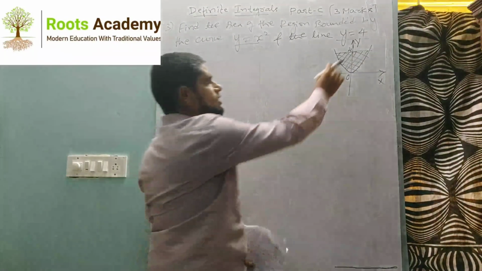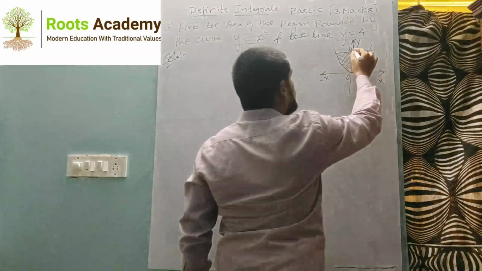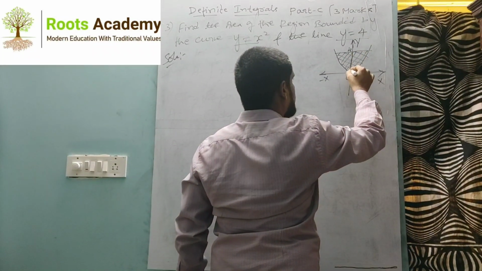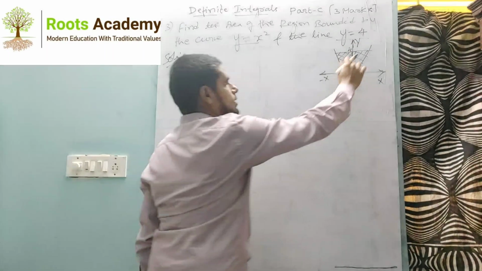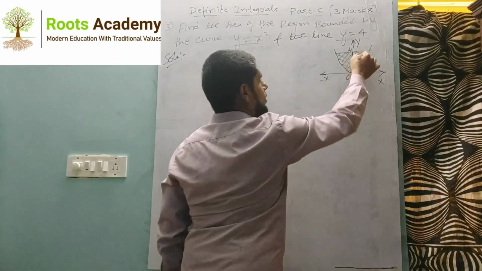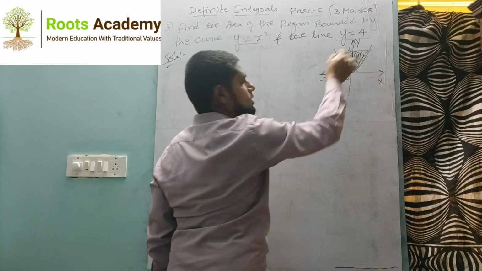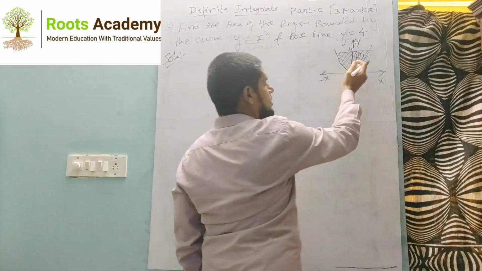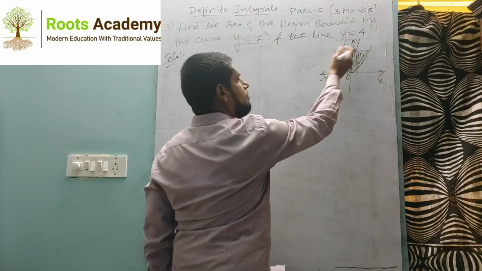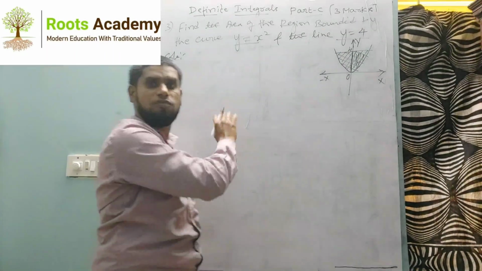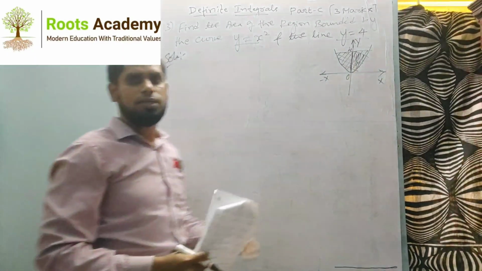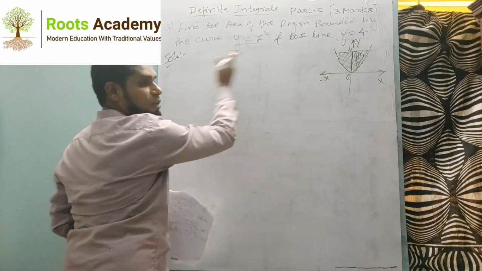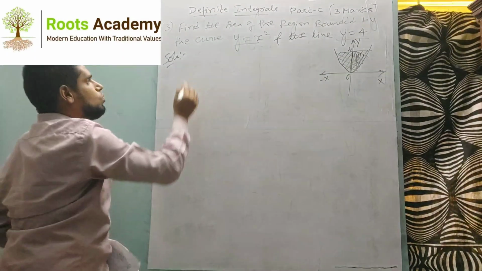So in this region, there are two symmetrical portions. See, this portion is the same as this, isn't it? This much is exactly the same as this much. So what exactly will I do? I will multiply the formula by 2, because two equal regions are there. Instead of taking 1 plus 1, I will multiply by 2.